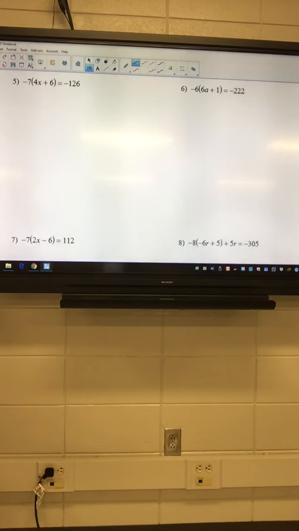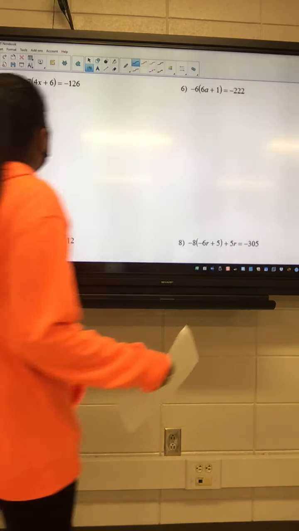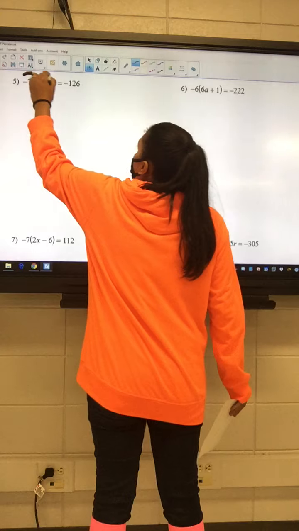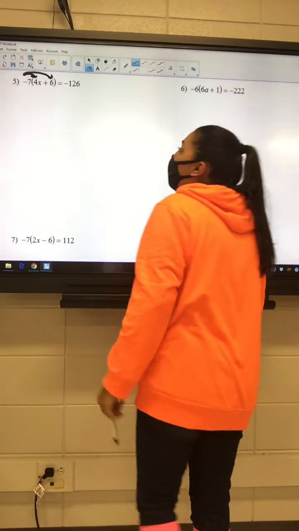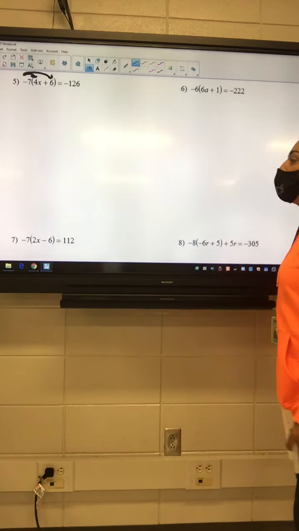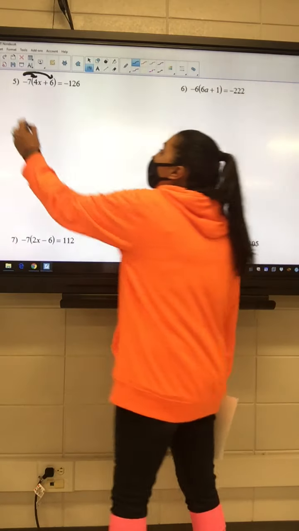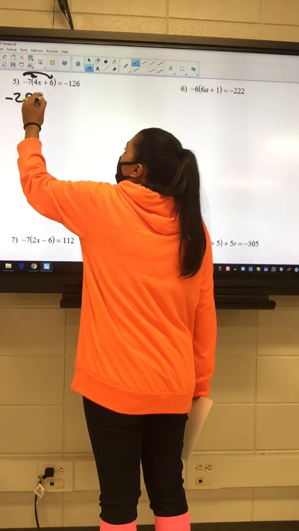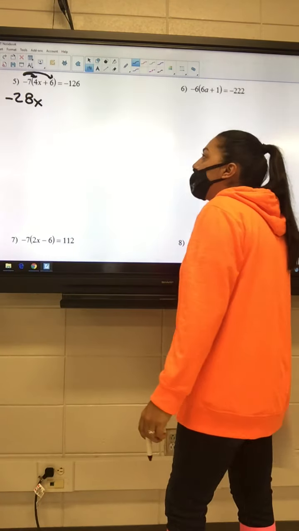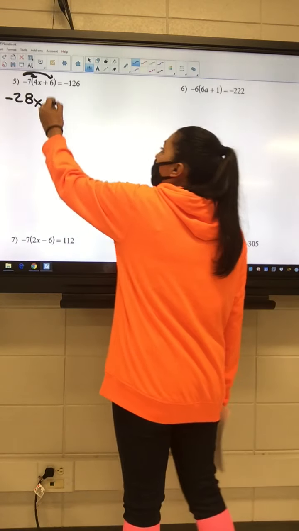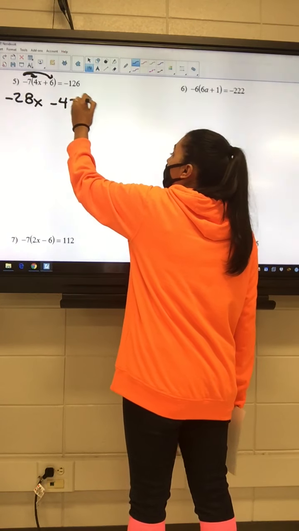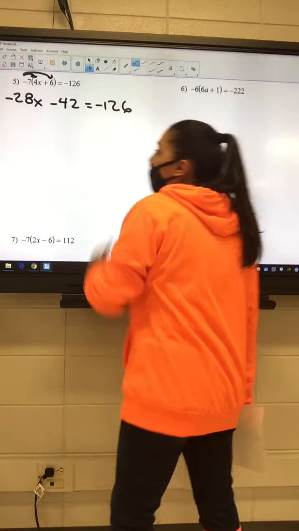Okay, so our step 1 is gonna be distribute, aka multiply. So negative 7 times 4, negative 28x. Negative 7 times 6, negative 42. Minus 42 equals minus 126.